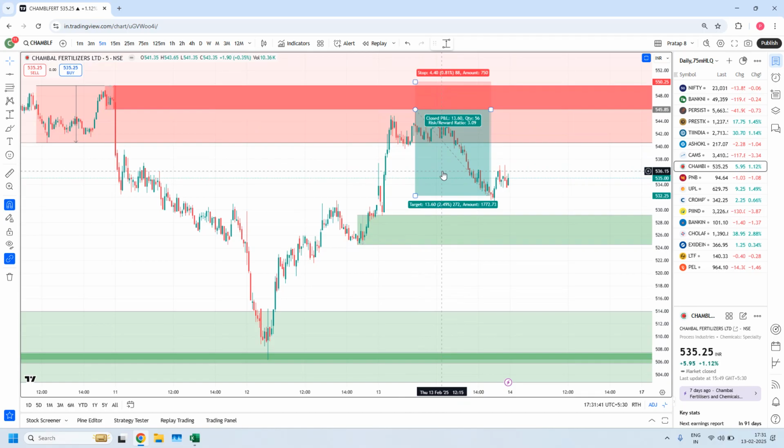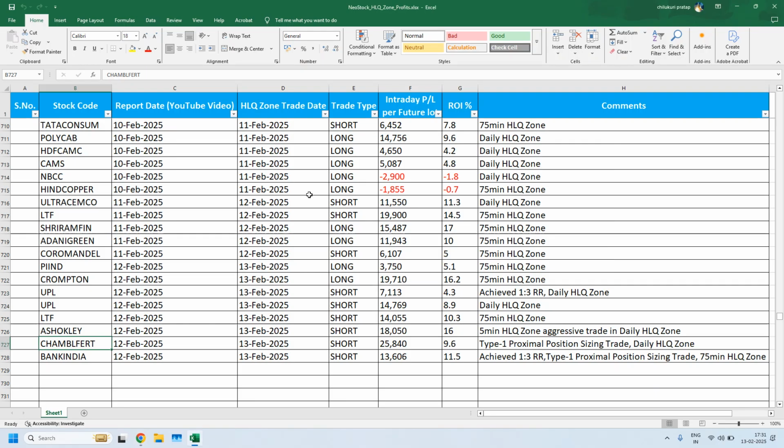Otherwise, this is not a futures specific trade. They are position sizing specific. So the statistics I am showing may not be 100% accurate, especially this one and the next stock. But in case it is a futures trade, what could have been your profit? That is what I am showing in this list.